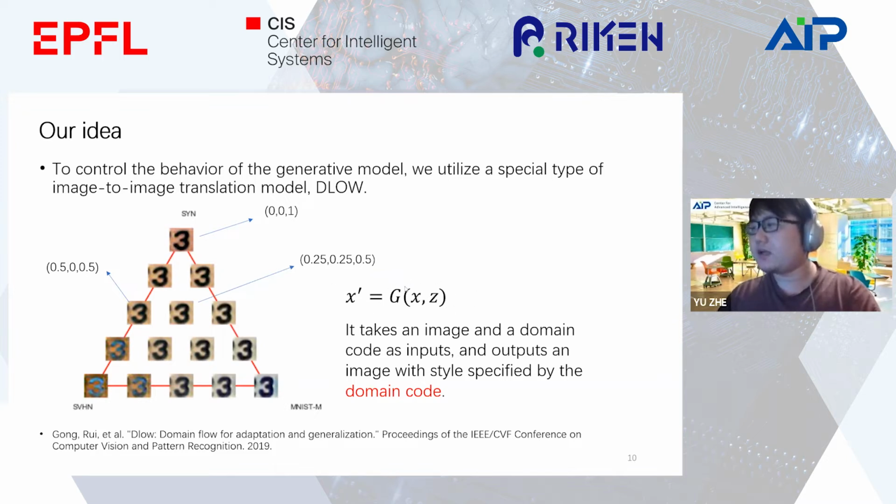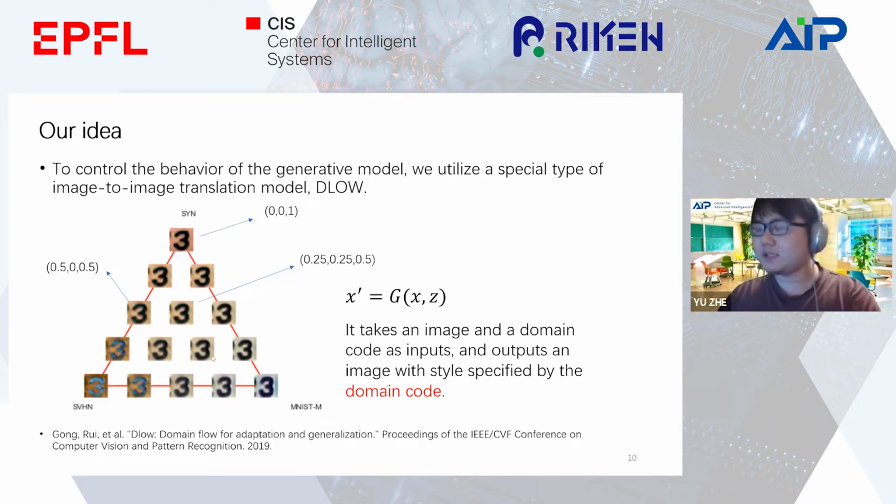For a DLO model G, it takes two things as input. One is the original image X. The other is a domain code, Z. The output is the image X prime, with the style specified by the domain code.